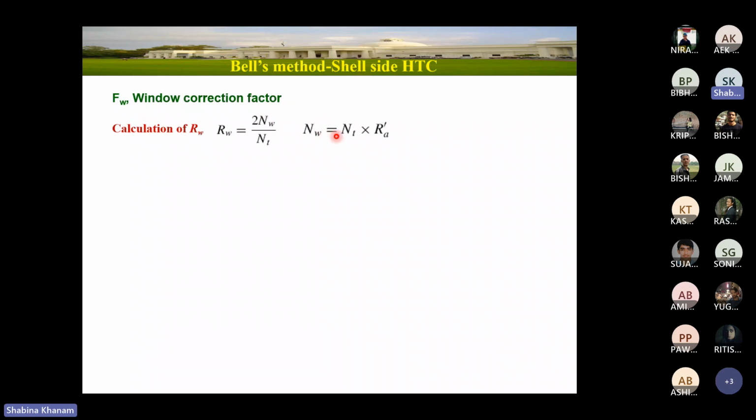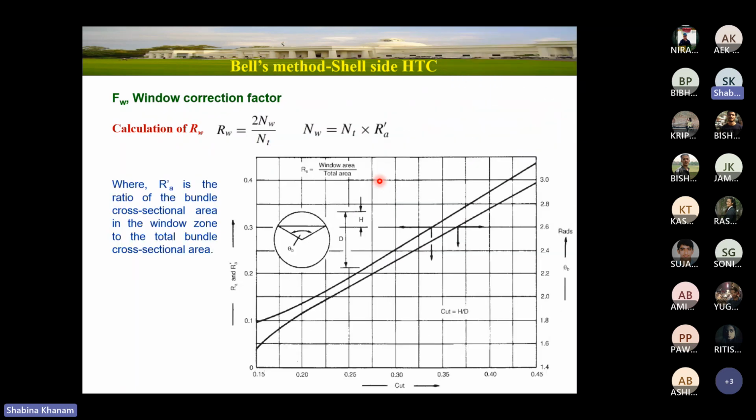So Nw would be Nt into Ra prime. Nt is the total number of tubes in the bundle. Ra prime, as we have discussed, depends on the area. Ra prime is the ratio of bundle cross sectional area in the window zone to the total bundle cross sectional area.